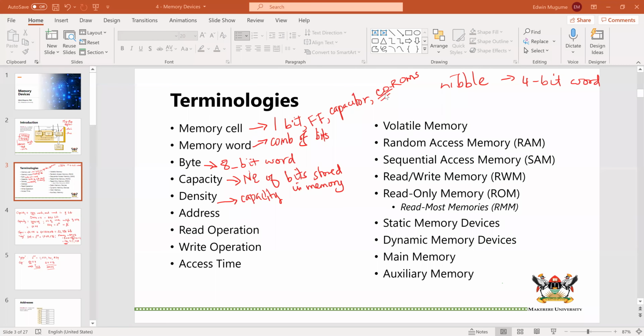Density, something that is dense, I think this is an English word, you should know it. If something is more dense, it means you have packed more things within the same space. And usually this comes from the capacity to miniaturize the memory cells so that you can have more memory cells in the same space of storage.